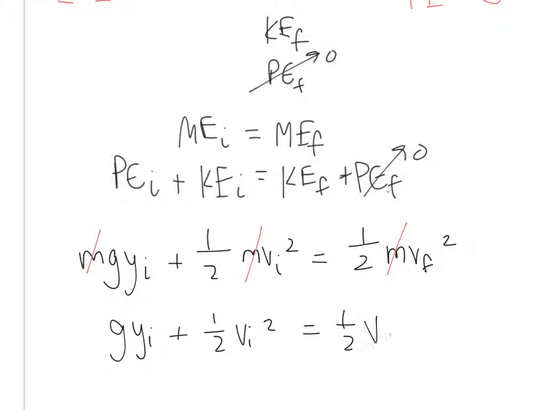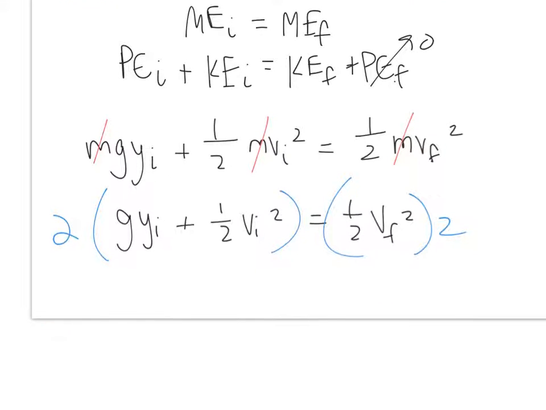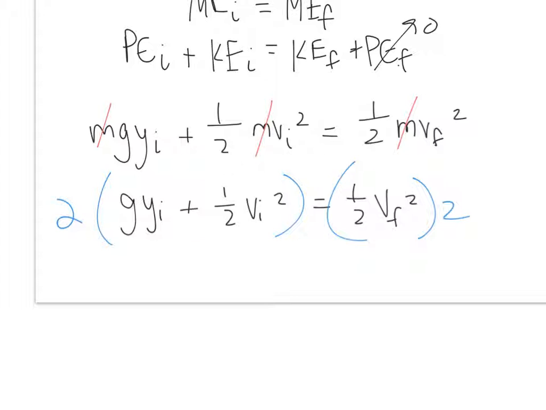I should multiply by 2 everywhere to get rid of my 1/2s, make life easier on me. When I multiply the left-hand side by 2, I need to remember to distribute the 2, which yields 2gyi. And then the 2 times the 1/2 cancel for vi squared. And then the 2 times the 1/2 over here leaves me with vf squared. So you can't just cancel the 1/2s because they're not in every term.